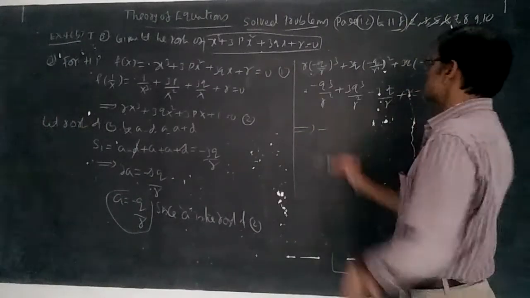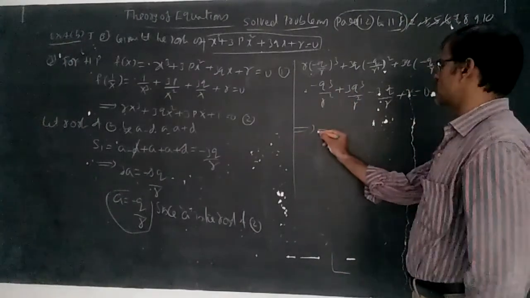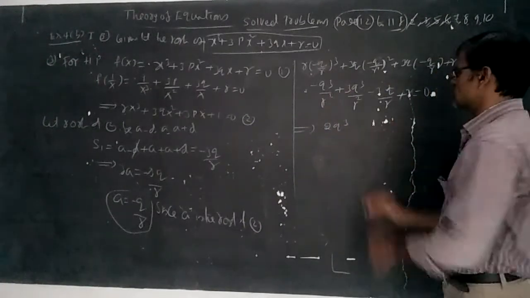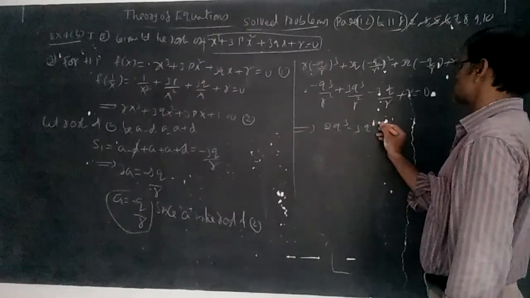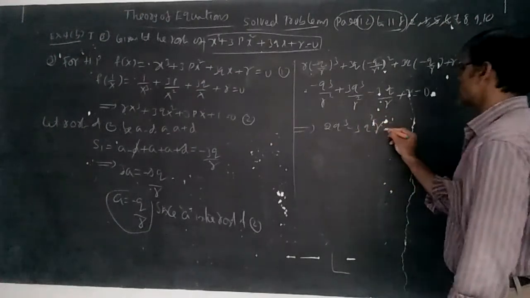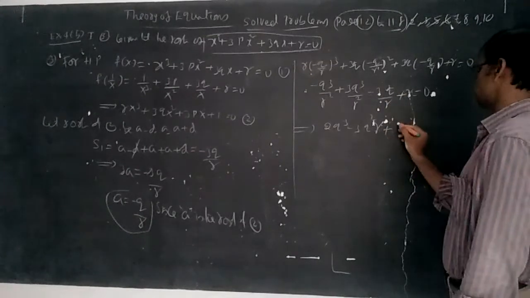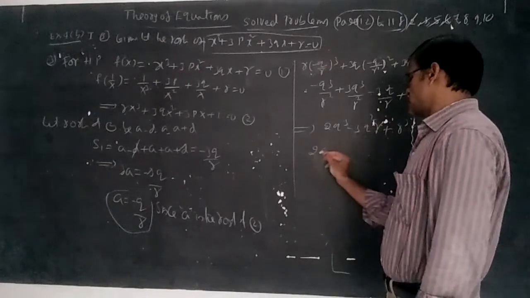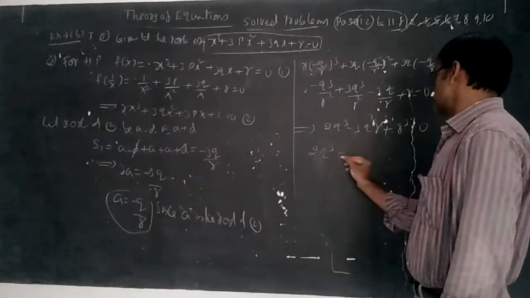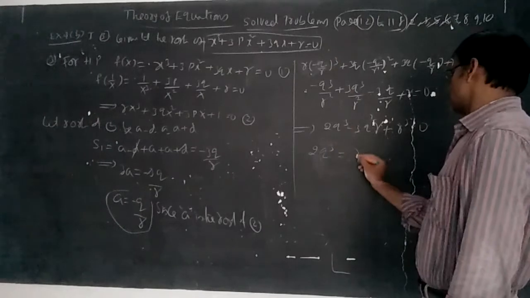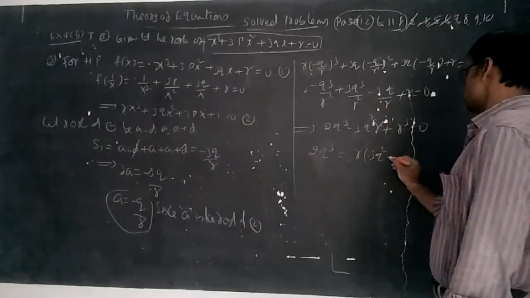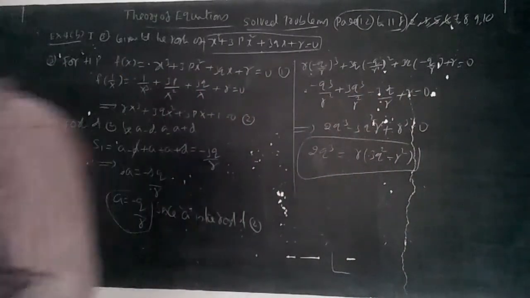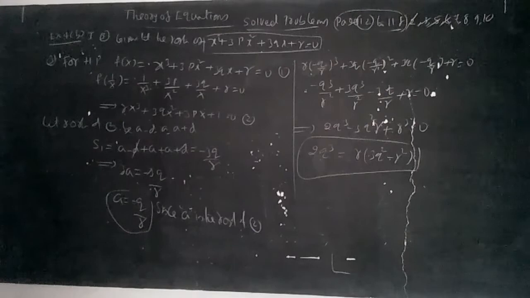That implies 3q cube minus q cube becomes 2q cube. Taking r square as LCM, you get 2q cube plus 3q square r plus r square, r cube equal to 0. So the required condition is 2q cube is equal to, taking r common, r into 3p cube minus r.